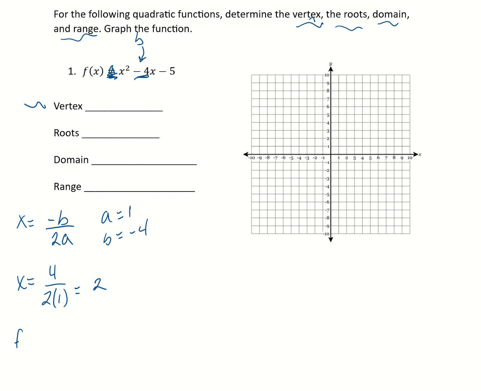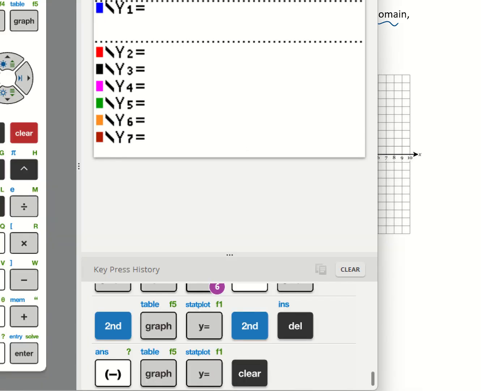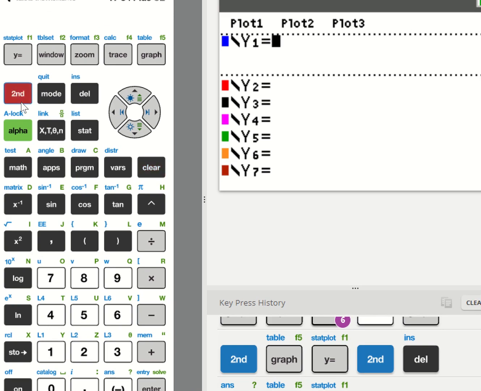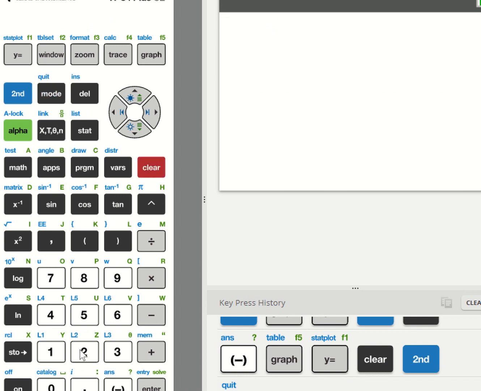We need to find f of 2 to find the y-coordinate. And if you remember, I showed you this quick trick using your calculator to do that. So if we go here, I'm going to go to store x.